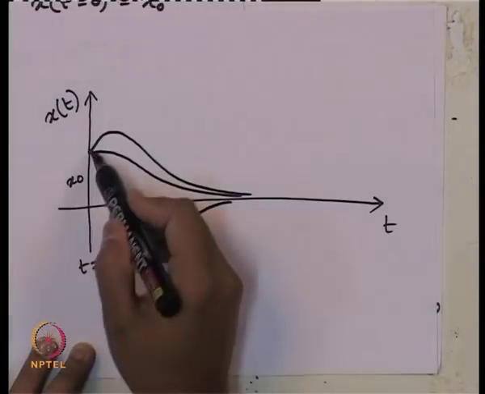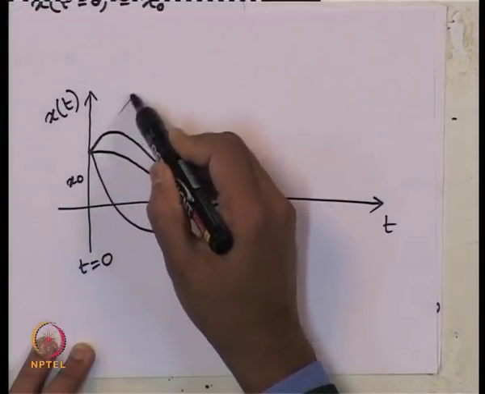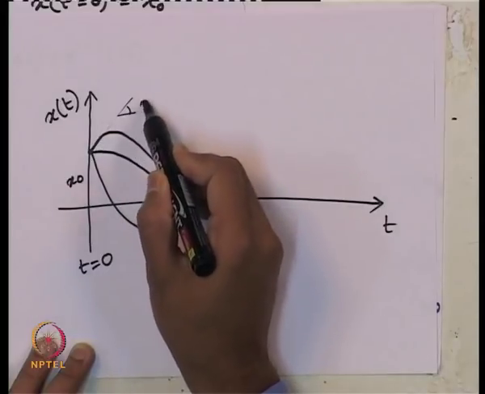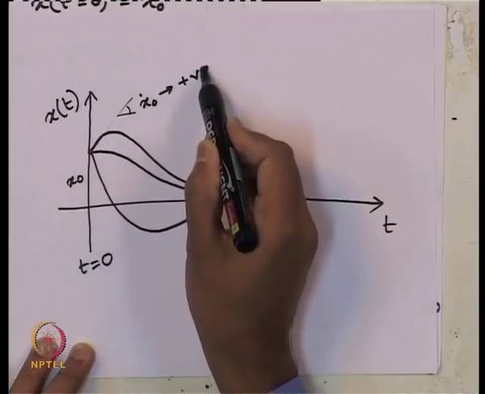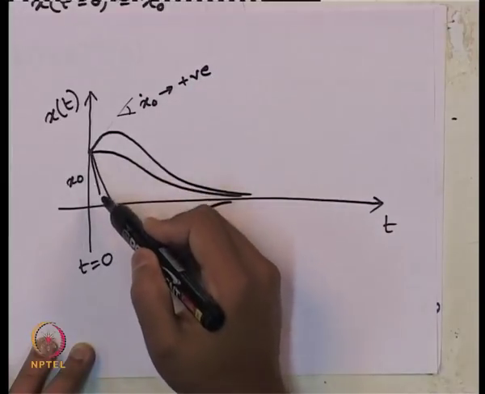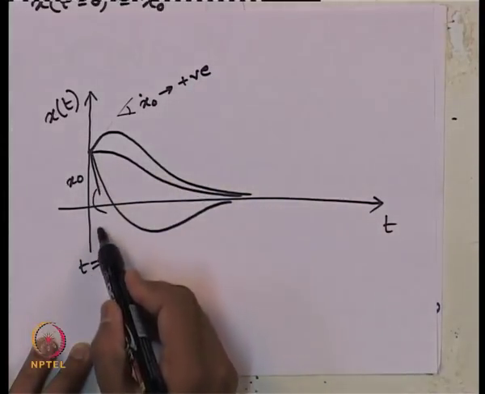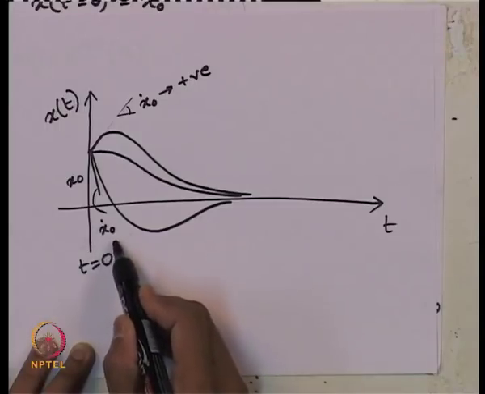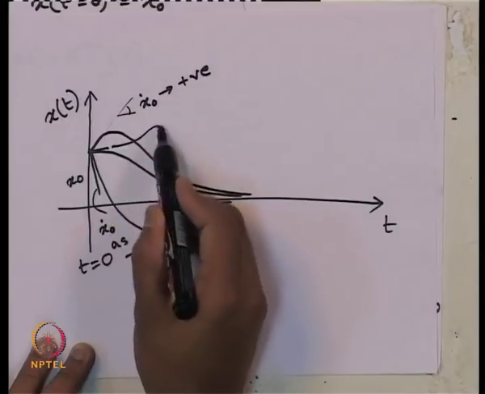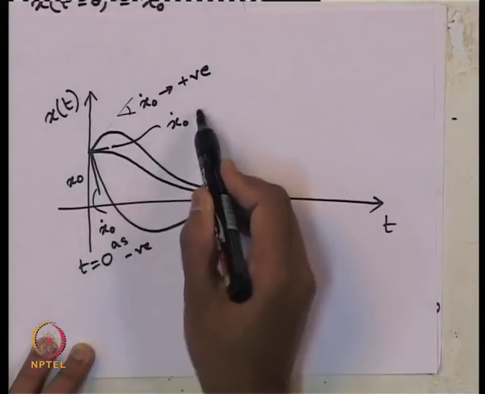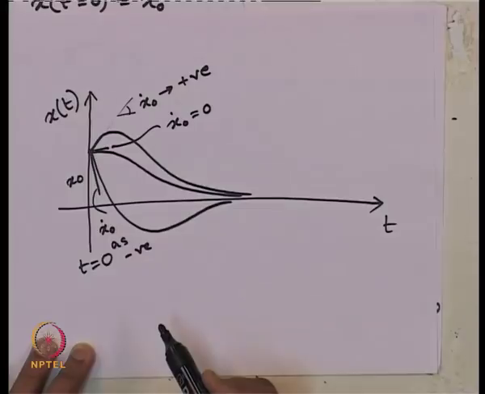What are the three cases I have drawn? This one is for x naught dot being positive, this one for x naught dot as negative, and this one with x naught dot equals to 0.